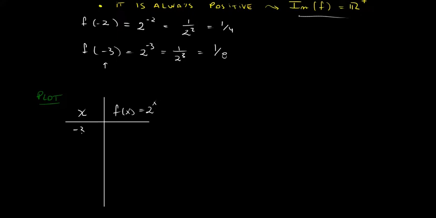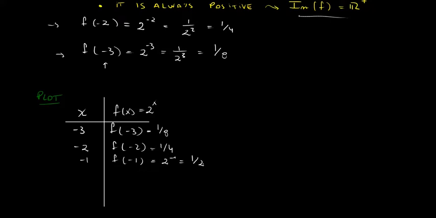Let's start with, for example, x equals minus 3, which will give us f in minus 3, and we said that this was 1 over 8. The same with minus 2 is 1 over 4. In minus 1, we have 2 to the power minus 1, which is 1 over 2.